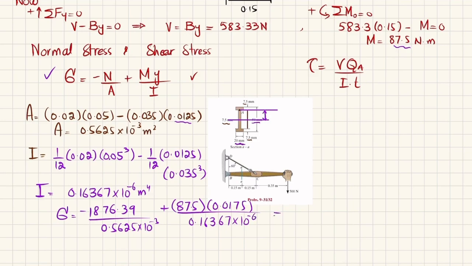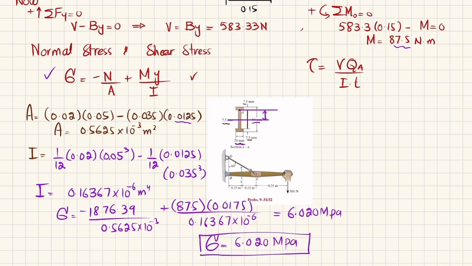And when you calculate it, it will be equal to 6.020 megapascal. So sigma is equal to 6.020 megapascal.